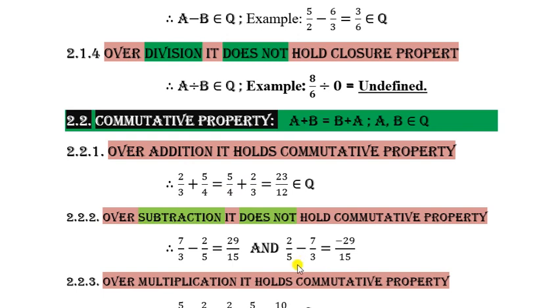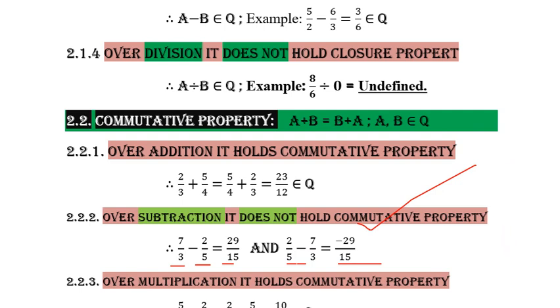Now I am going to check for subtraction. 7 by 3 minus 2 by 5 is equal to 29 by 15. But if we change the places, 2 by 5 minus 7 by 3 is equal to minus 29 by 15. That means subtraction does not hold commutative property.